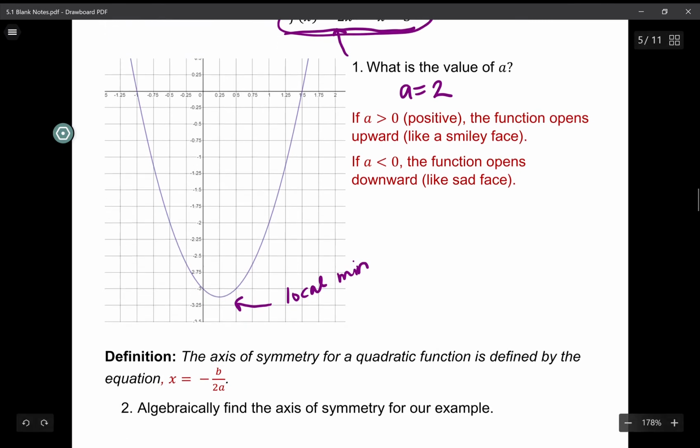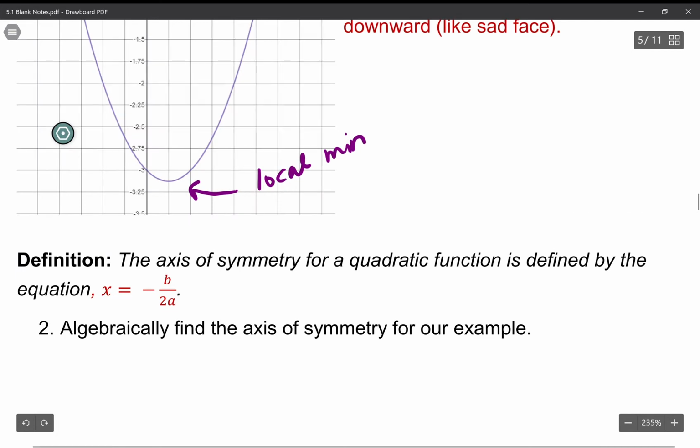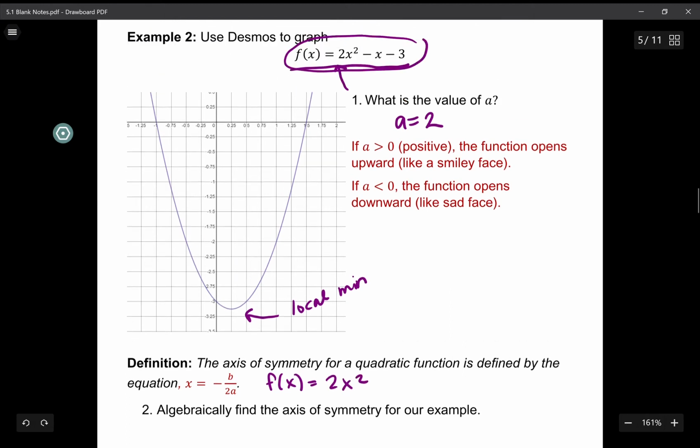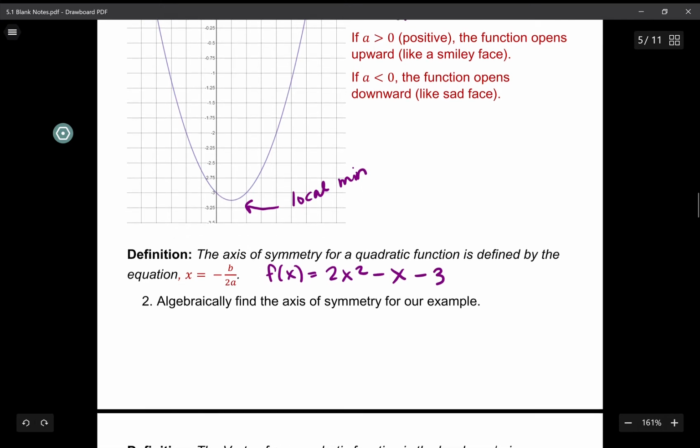It's f of x equals 2x squared. Oh my gosh, I'm having some zoom in and out problems today. f of x equals 2x squared minus x minus 3. So for our example, how can we algebraically find the axis of symmetry?